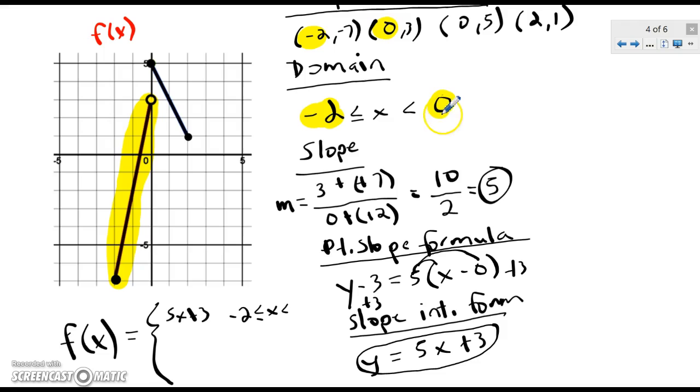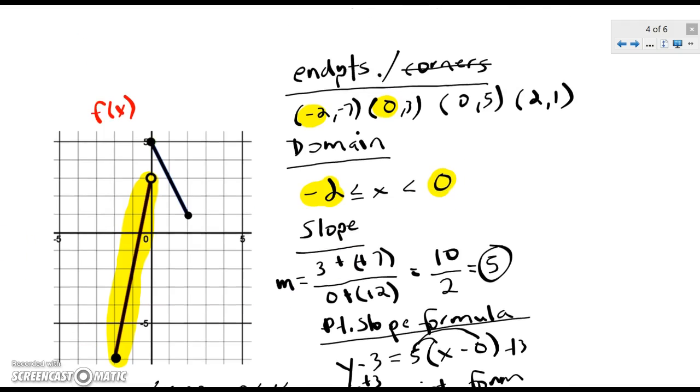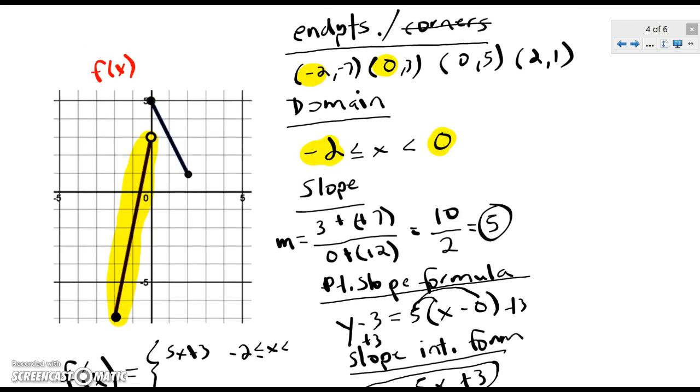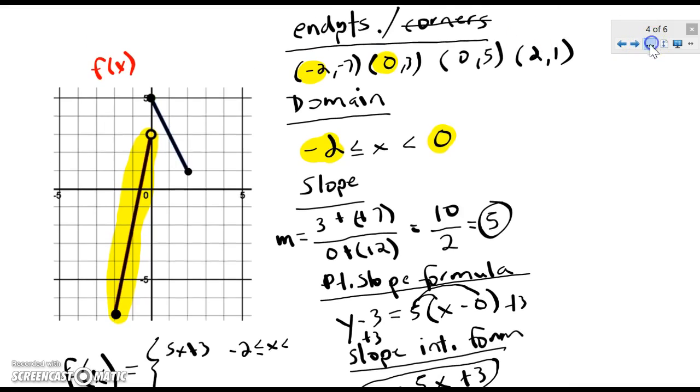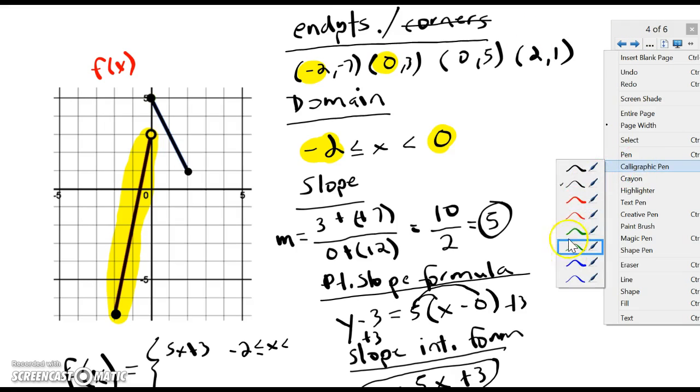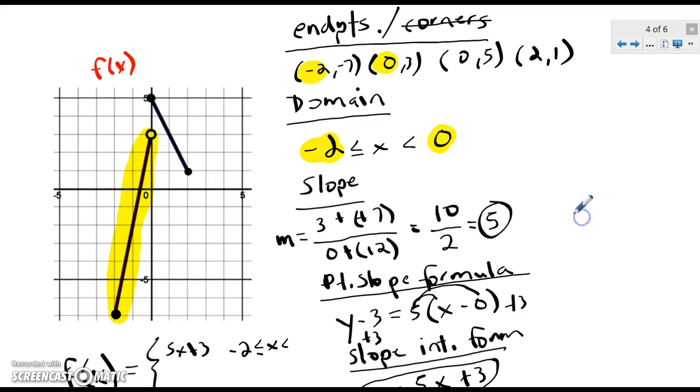Same exact steps. Let's see if we can go back and identify our steps. I'll use a different color for this. Just to remind you, our first step was to identify our endpoints and our corners, but we're dealing with discontinuous functions today, so we're not going to have any corners.